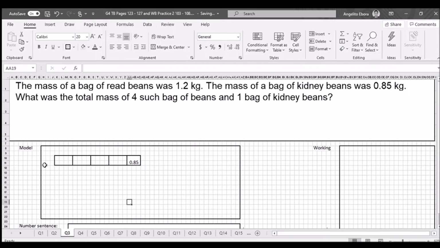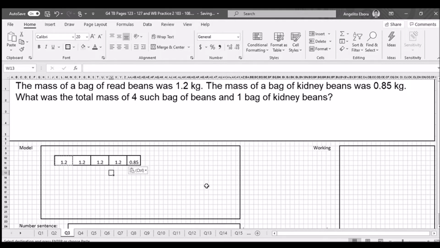Okay, so here the mass of each bag of red beans is 1.2 kilograms. So that means all of these are 1.2, 1.2, 1.2, 1.2.